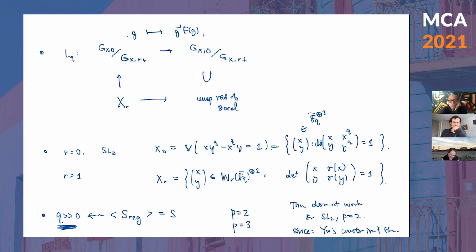But the interesting thing here is that the XR exists regardless of what your prime is. The XR doesn't care about small characteristic. So even though Yu's construction isn't there, this representation is still there, and one can still ask what this compact induction is.